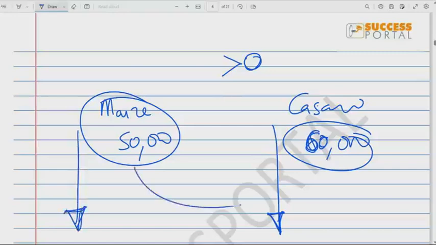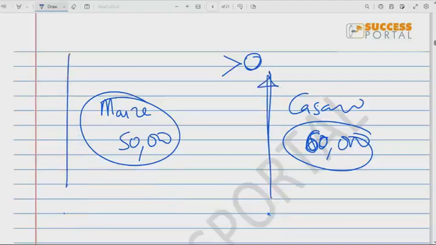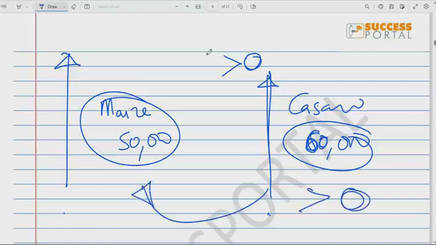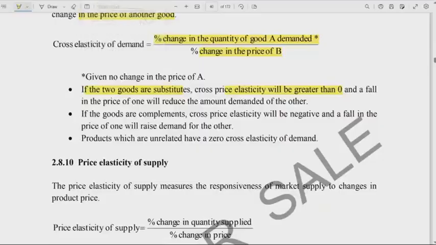Because people will flock to buying cassava, which has gone down. Akakweza mtengo wa ichi, what will happen? Demand for maize will also go up. So answer yathu inaweza ikhala positive. That's why mana kuti answer yathu ikhala more than one if these goods are substitutes.